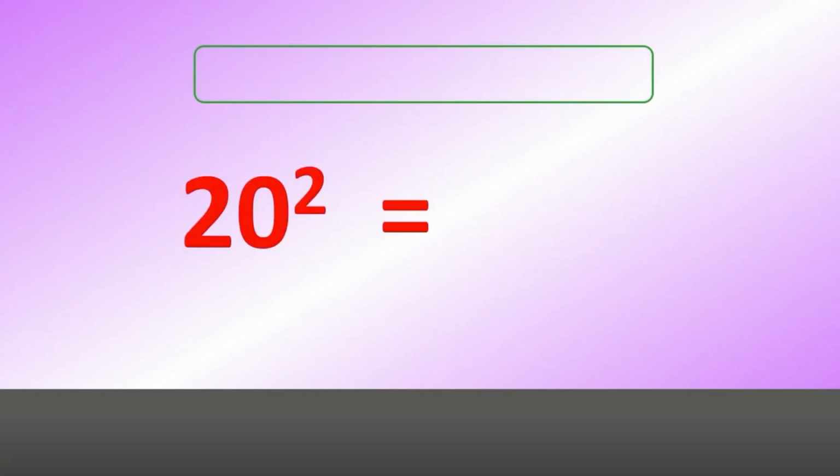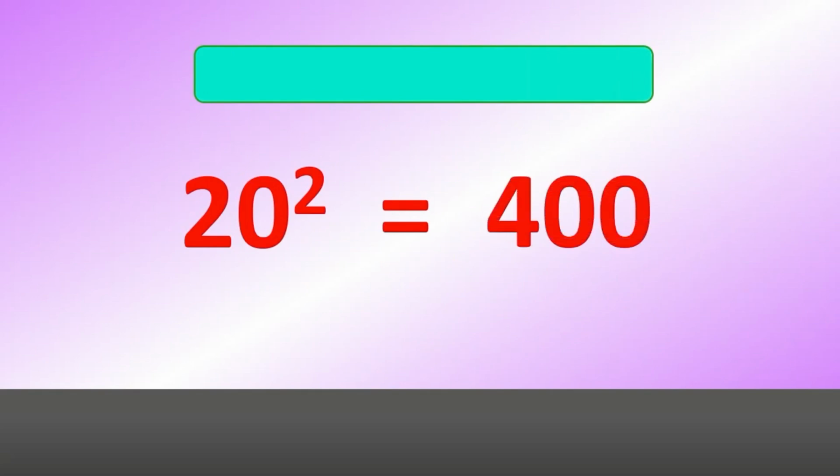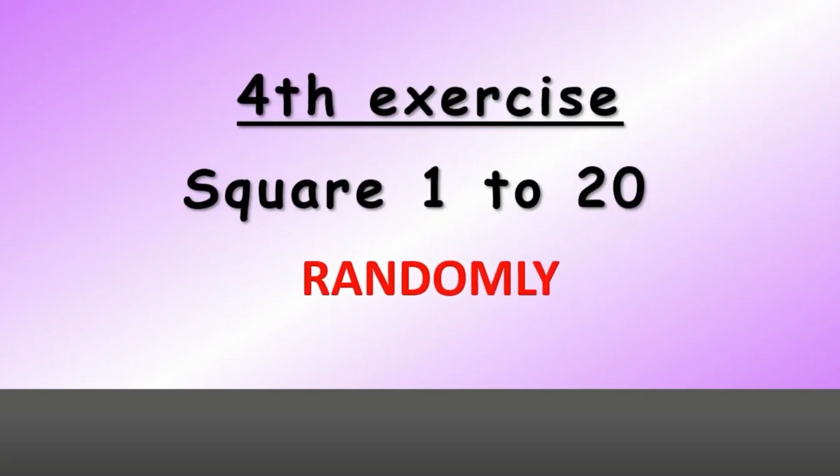And 20 squared is 400. Fourth exercise, square 1 to 20 randomly.